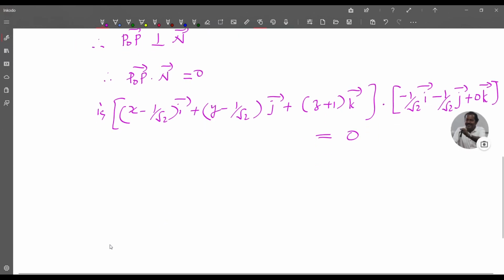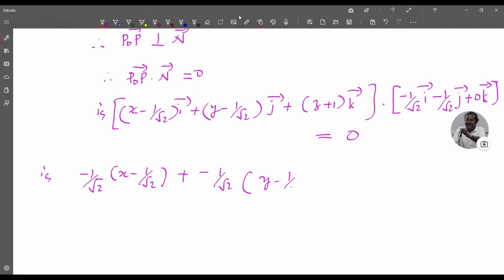So that is minus 1 by root 2 into (x minus 1 by root 2) plus minus 1 by root 2 into (y minus 1 by root 2) plus 0 equal to 0. So this implies minus x by root 2 plus 1 by 2 minus y by root 2 plus 1 by 2 equal to 0.